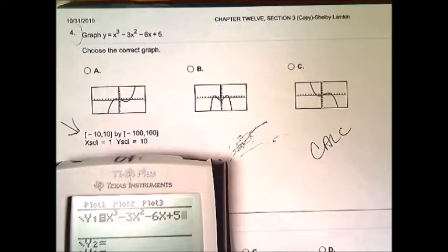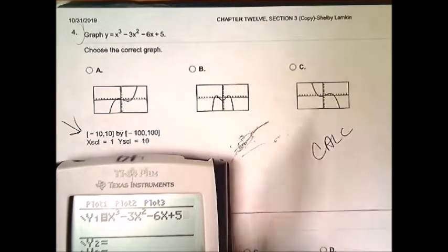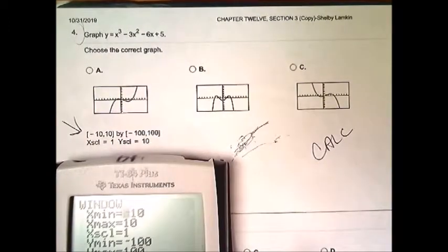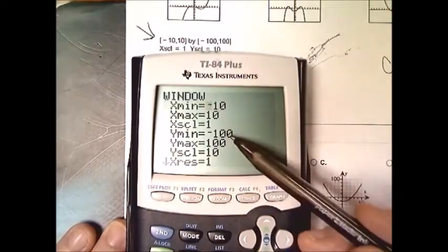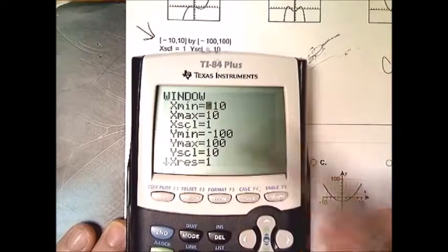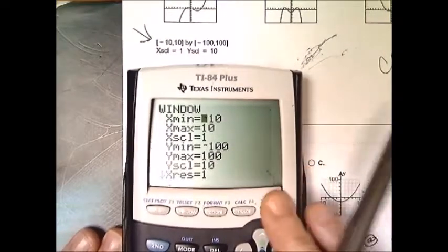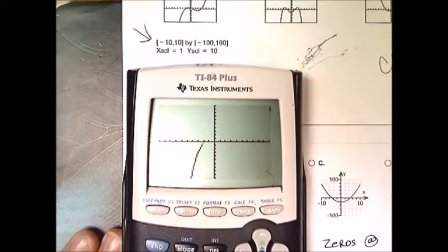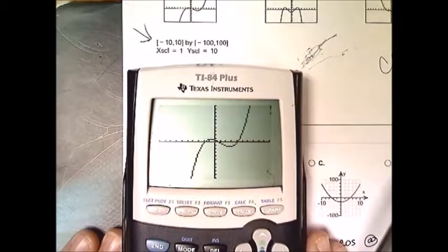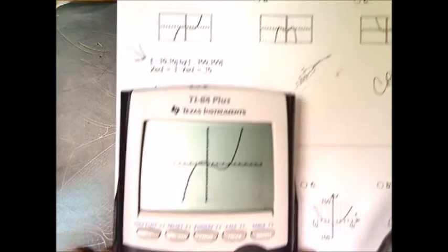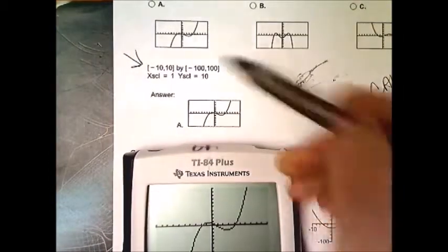And then it tells you your window settings right here. So press window, and I've already got it loaded in there, negative 10, 10, negative 100, 100 with a scale of 10. That way when you graph it, you get the right picture, and you can tell that that's answer choice A.